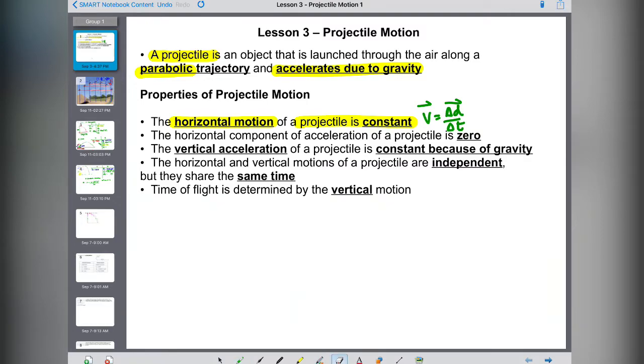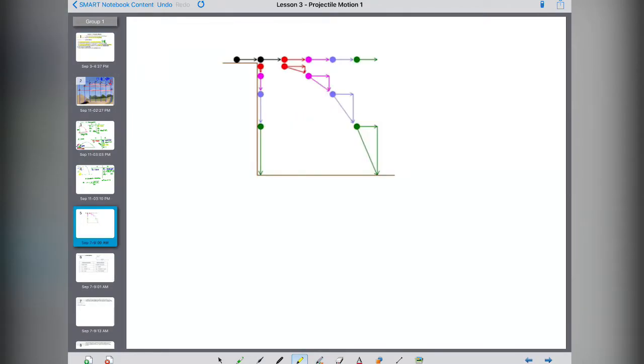So that means the acceleration along x is 0, and the vertical acceleration is constant because of gravity. The time of flight is mostly determined by the vertical motion. And here is an example. The rate that it is dropping is the same. But notice that one object went straight down and the other went forward and down at the same time.